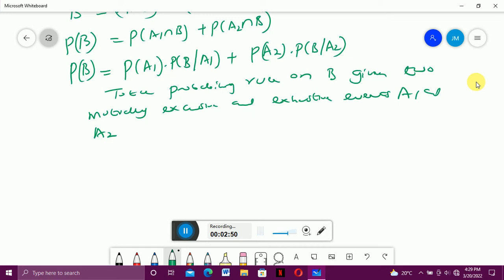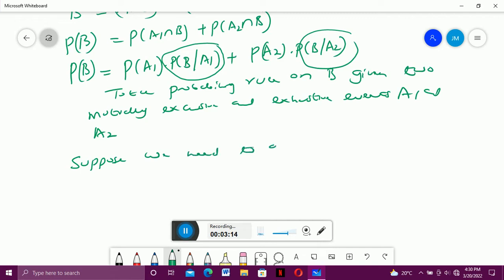So when we are writing Bayes' theorem, we look at the total probability rule, and we see that we have the probability of A1, the probability of B given A1, and the probability of B given A2. Suppose we need to get the probability of A1 given B or the probability of A2 given B. What would we do?